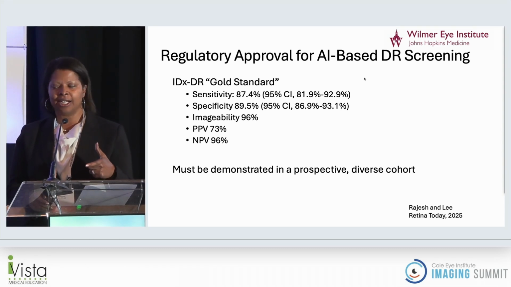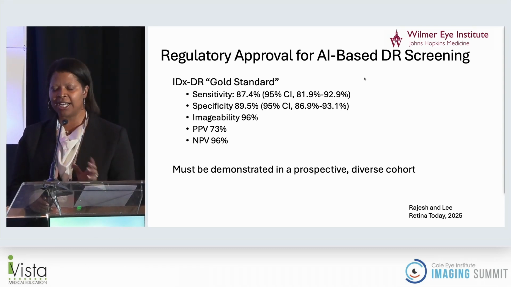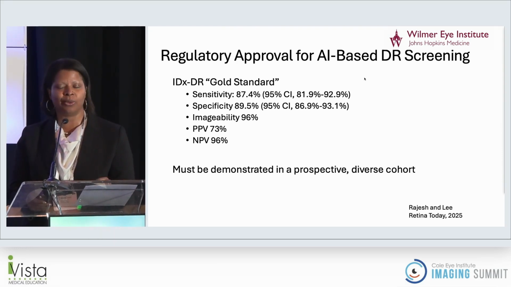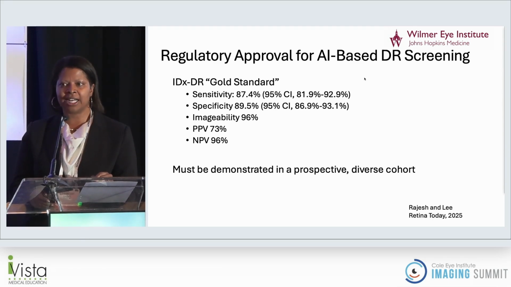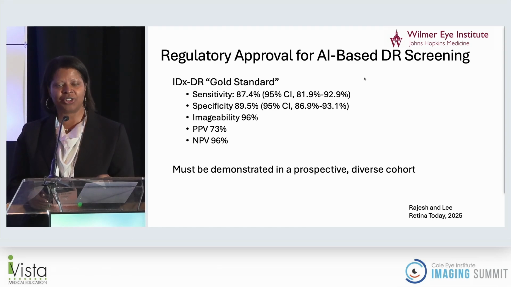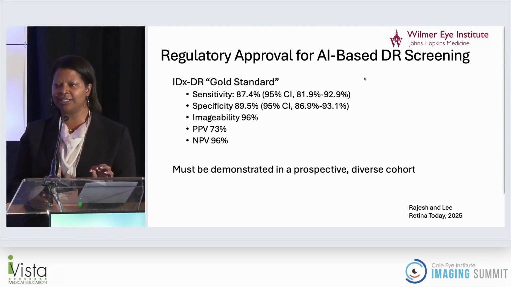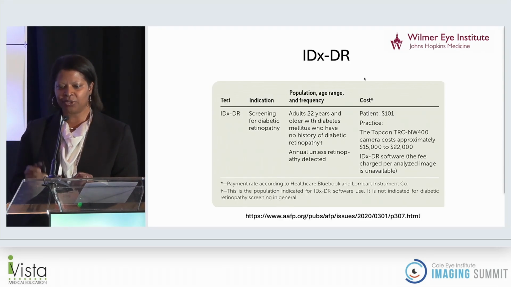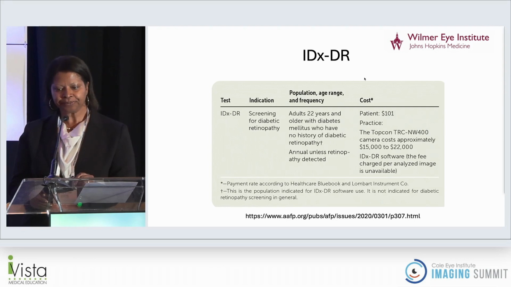Another criterion is that any AI system has to be demonstrated in a prospective, diverse cohort. Some criticism of other AI systems is that they were trained in homogeneous populations. You can imagine there might be some nuance in the overall population, so this might not be applicable to all different populations. So it needs to be in a diverse cohort.